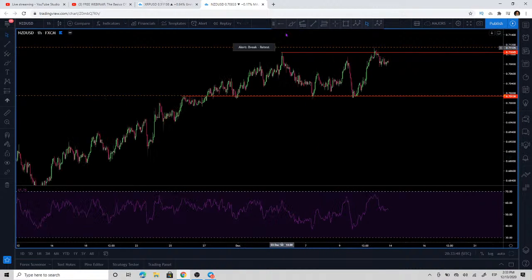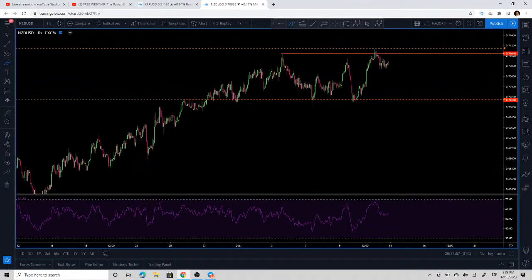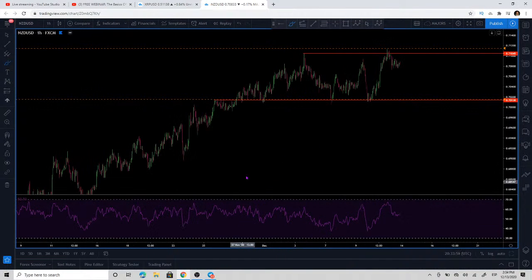So the relative strength index, or the RSI, or any oscillator for that matter, what the oscillator gives you is the strength of the current trend, right?